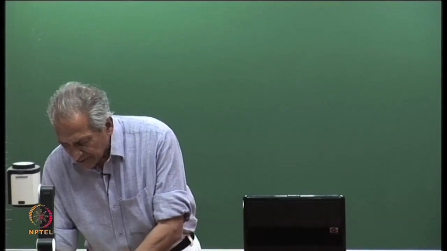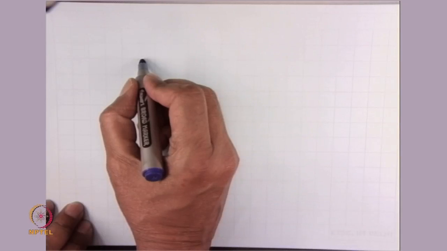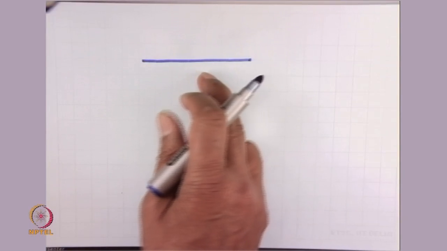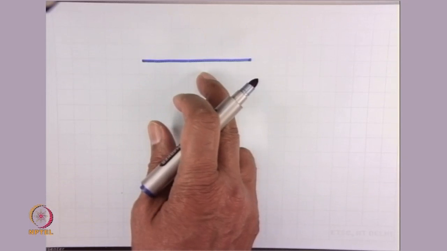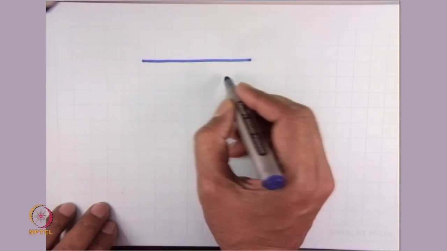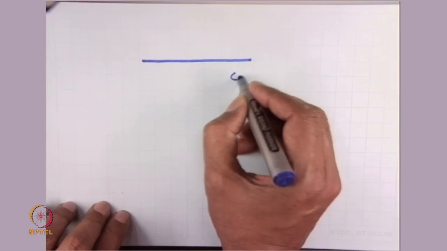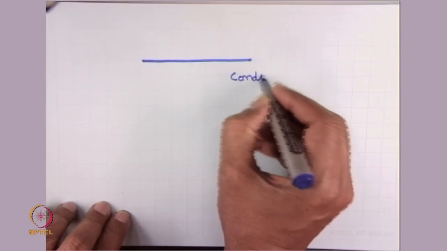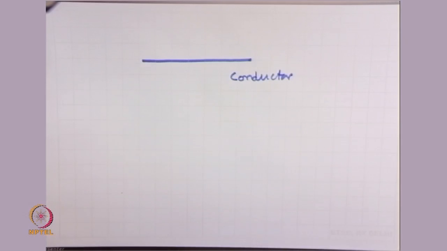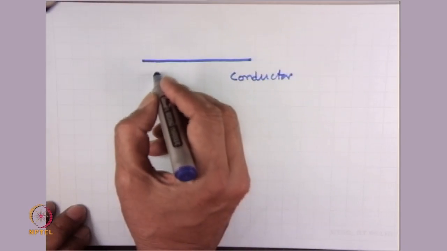So let me address the issue of surface wave as a guided wave. I am considering a conductor here. It could be a plasma, it could be a soil, or it could be a metal. I will call this a conductor or semiconductor, and characterize this by effective permittivity epsilon m.